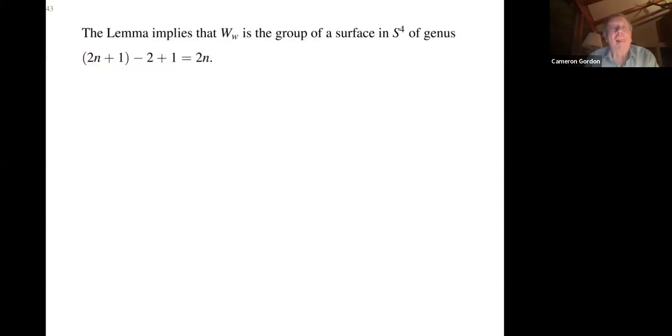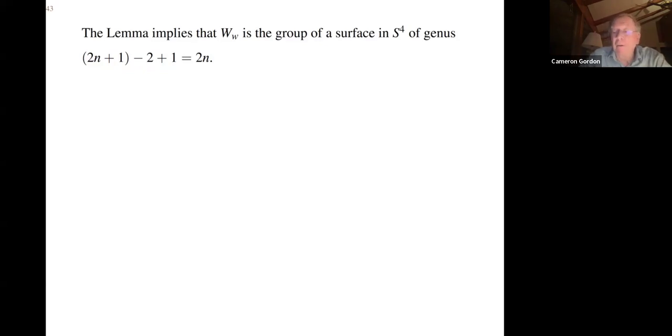All right, 2n. So now we go from a group and a word to a surface of this genus. And remember, n is the number of relators in the original group G that we started with.